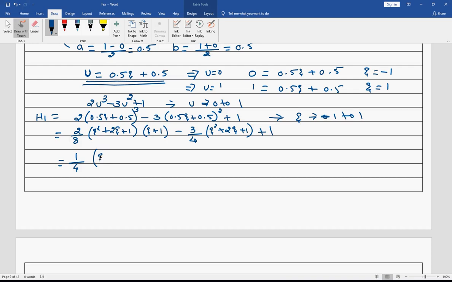Okay, so I could get here in this case, if I multiply this, xi cube plus 3 xi square plus 3 xi plus 1, minus 3 into this. So this is the first term. You can multiply this.